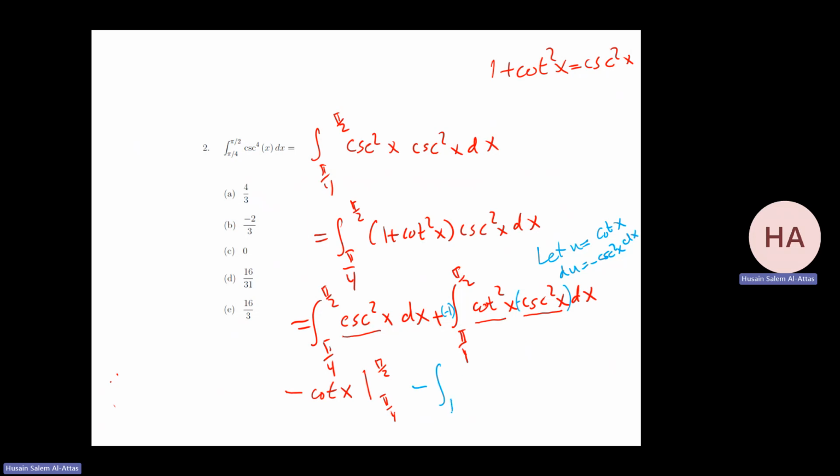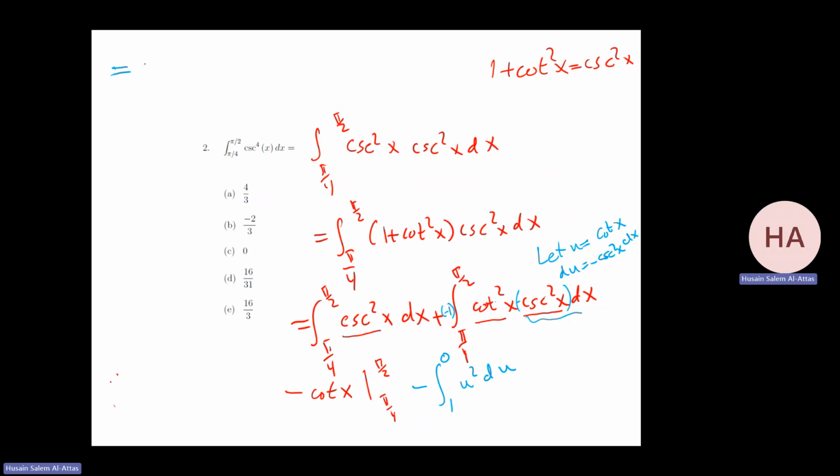Cotangent pi over 4 is 1, and cotangent pi over 2, which is cosine pi over 2 over sine, 0 over 1, that will be 0. Okay, this is u square du, where u is here. Yeah, I need to do the calculation.